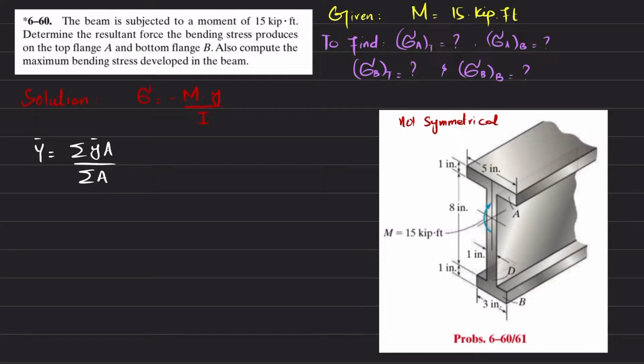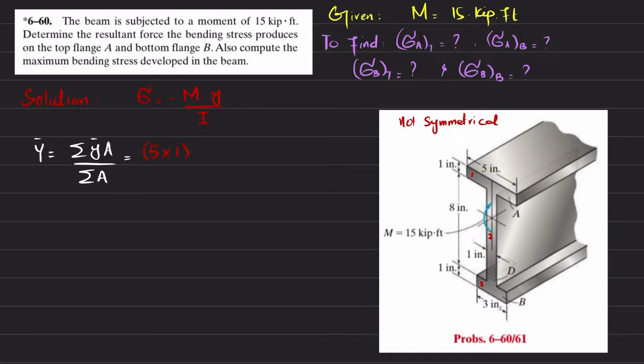Now you can see that we have 3 areas. The first one is this one, the second one is this web, and the third one is this one. The first one has an area of 5 by 1 inch, so I will write 5 by 1. This is the area. Now what about y dash?